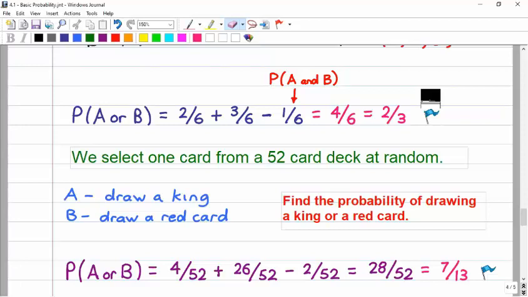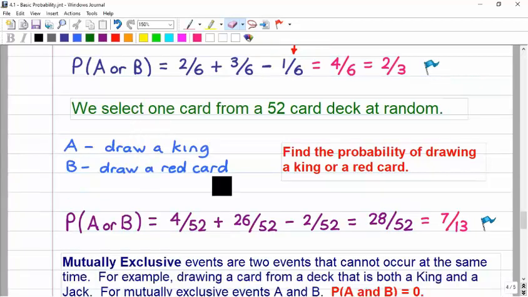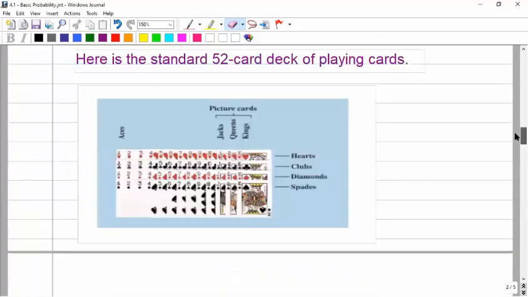Okay, card problem. I'll scroll back up to the deck. We have 2 events, drawing a king and drawing a red card. Everything's going to be out of 52, so that makes the denominator easy. We just have to figure out what's in the numerator.